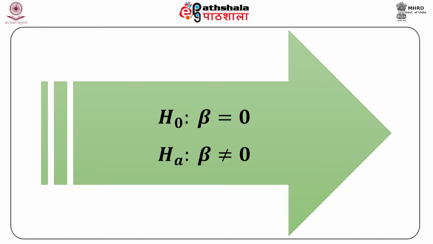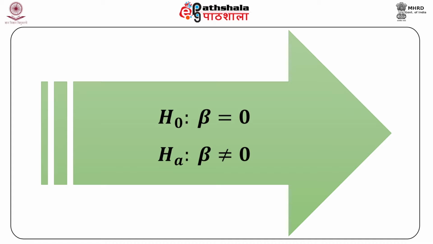And again, our null hypothesis is the same, which is that beta is equal to 0. And again, the alternative hypothesis is that beta is not equal to 0. So consistently, we are making the same kind of hypothesis, so that we understand the basic testing of hypothesis under regression analysis.